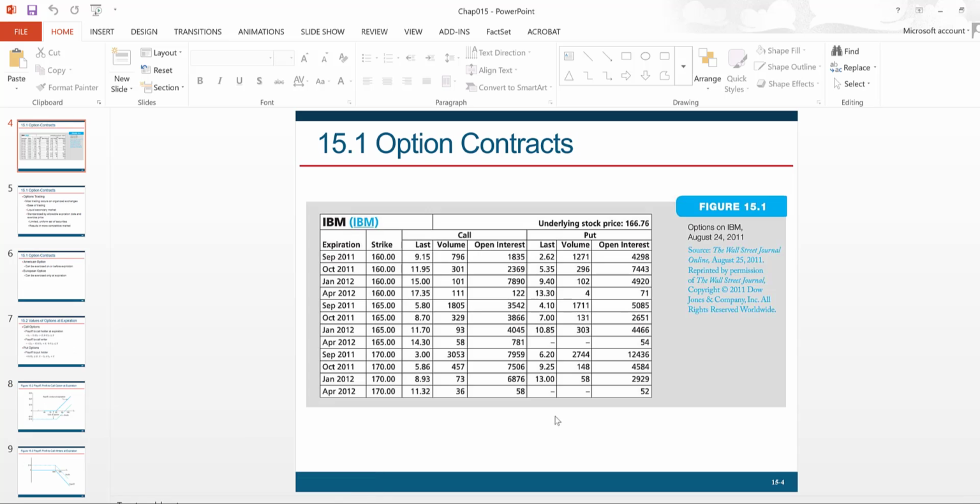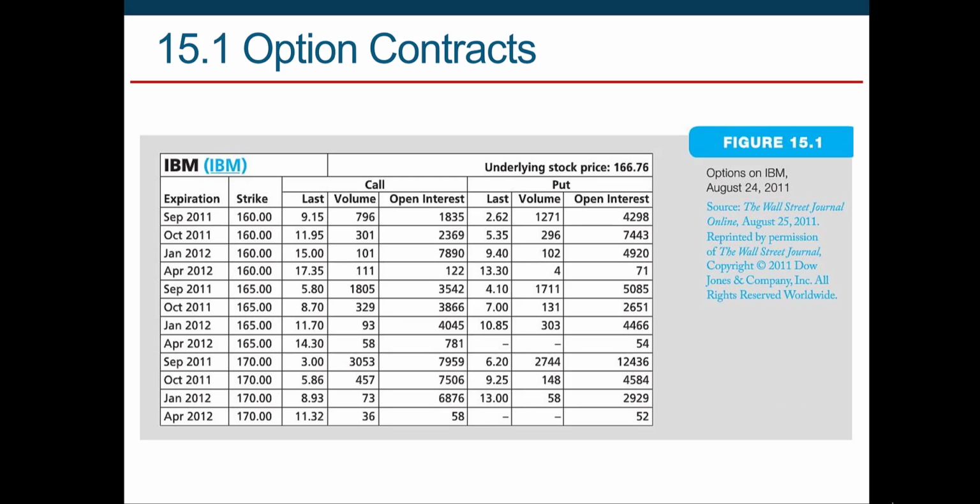Again, you can see that from our example quote here. Let's keep the expiration same and see the impact of changing exercise price on option value. So this is September 160, this is September 165, and this is September 170 strike call option, right?